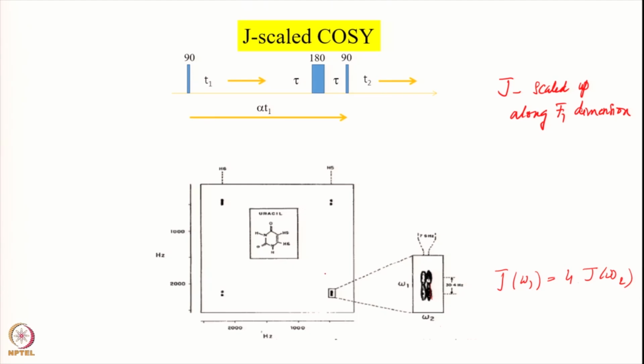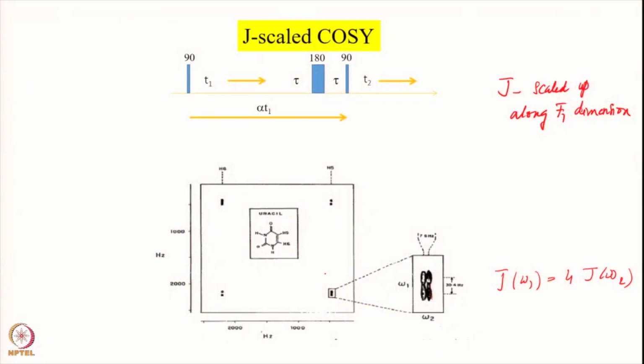You manipulate your experimental sequence in such a way that the coupling constant appears as scaled up along the F1 dimension, and that pulse sequence is shown on the top there. Okay. So, the normal thing is you have a COSY experiment where you have 2 pulses, 90 t1 90, but now what you do is after the 90 you wait for a certain time t1, let us say until up till here.